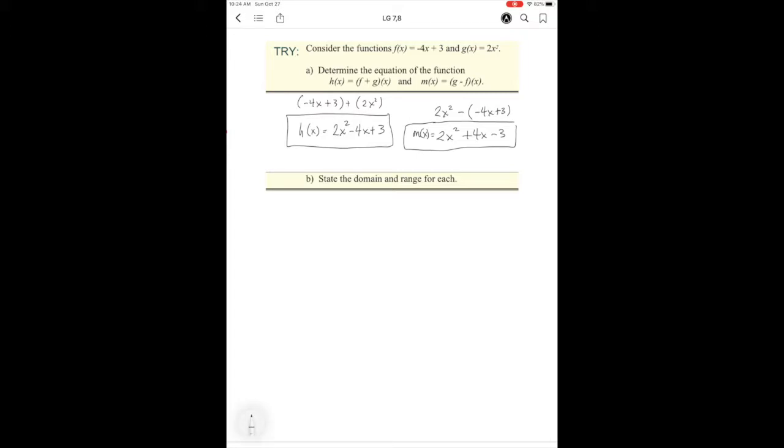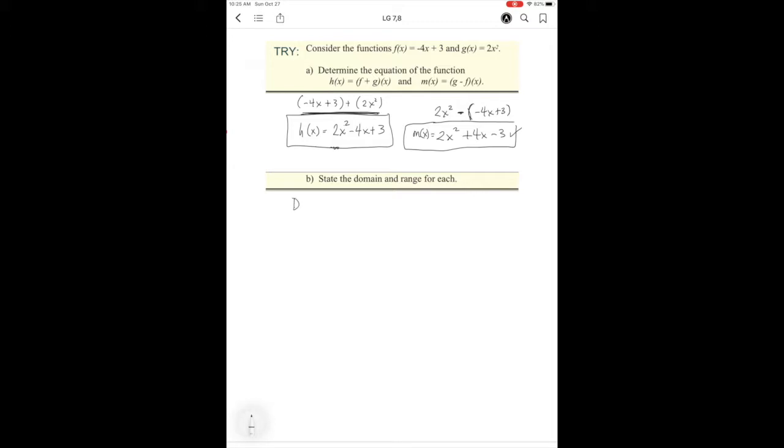Okay, so here are the answers. For the first one, the H, pretty straightforward, I just added the two. I put the answer in descending order, like x to the power 2, x to the power 1, and the constant. I did the bracket here, and I got that. Now for the domain and range, this is a little trickier.